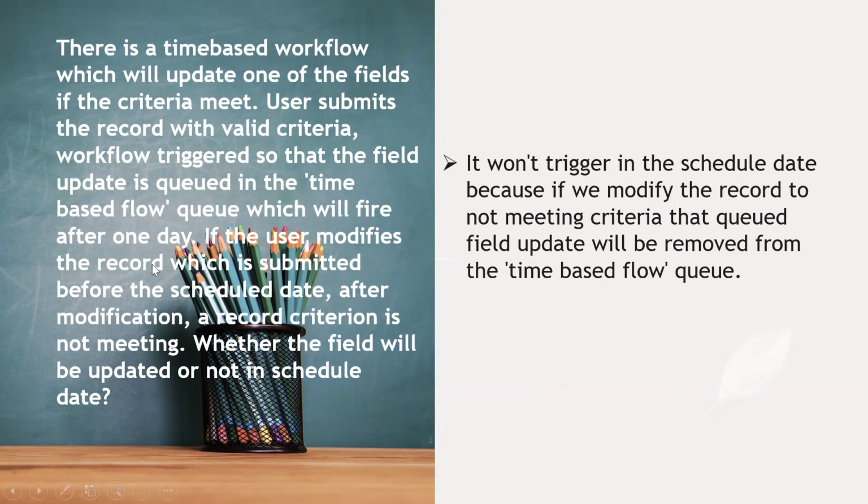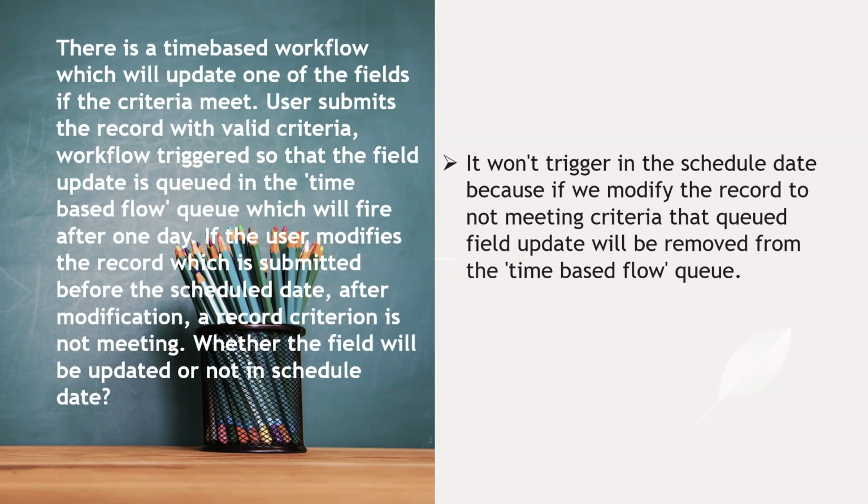If the user modifies the record which was submitted, before the scheduled date. Let's assume I created one record today. As per this scenario, my time based workflow action should be fired after 1 day.